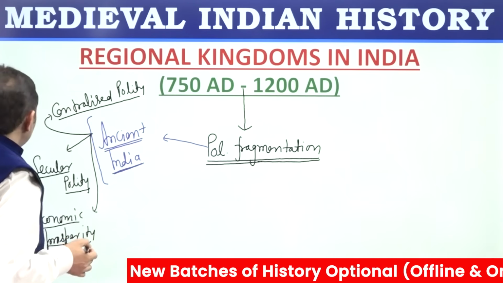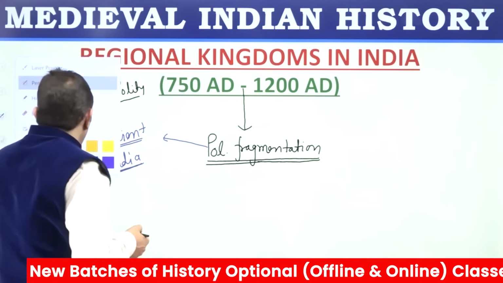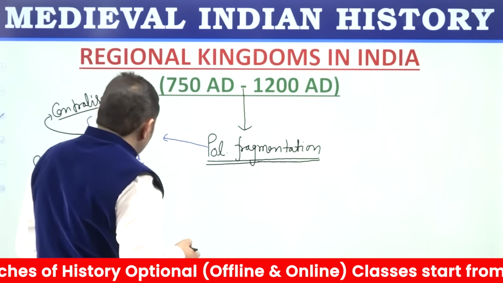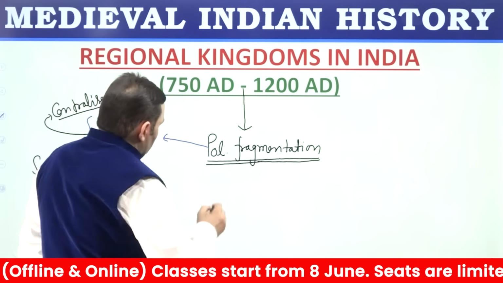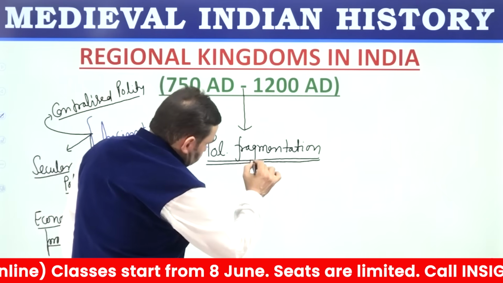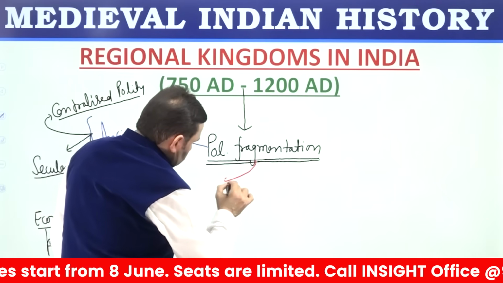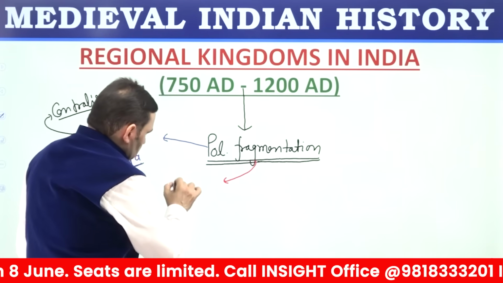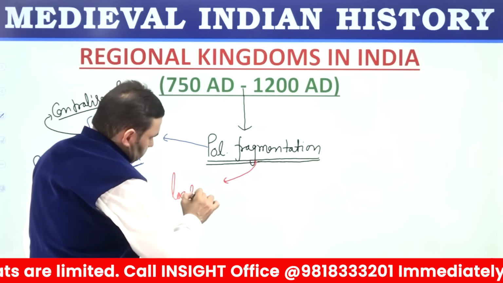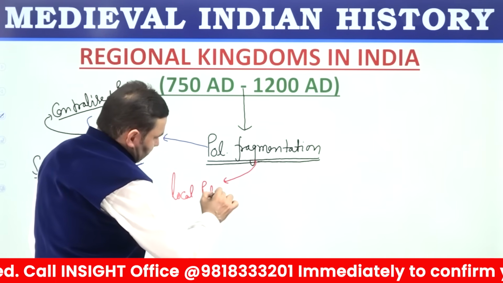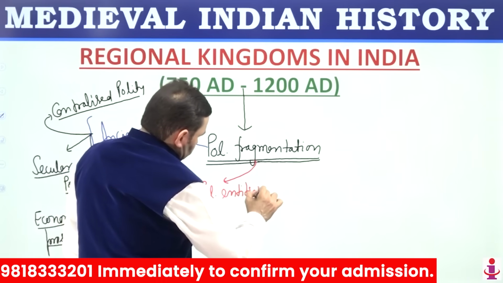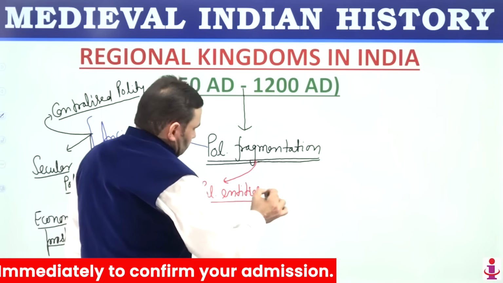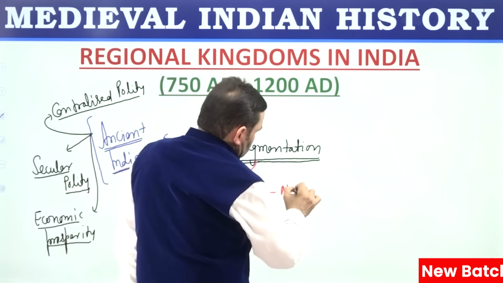All these things changed during the early medieval age. And what happened in this early medieval age was that local political entities or local kingdoms came into existence. It means there was no central authority.